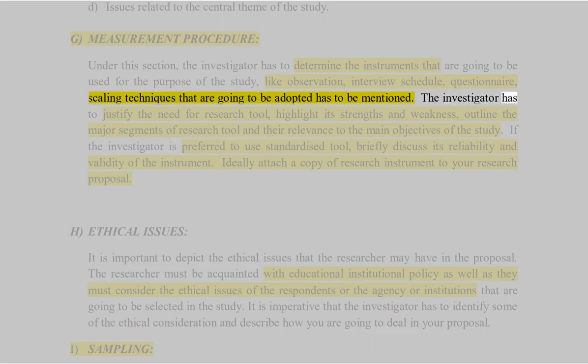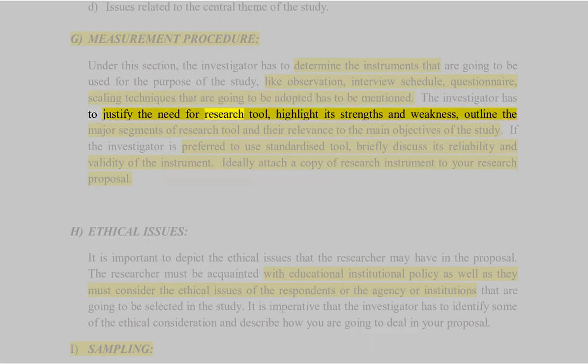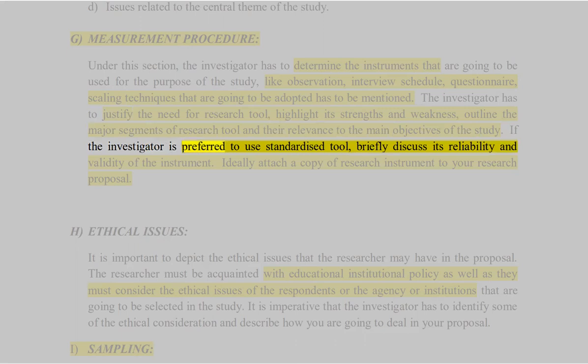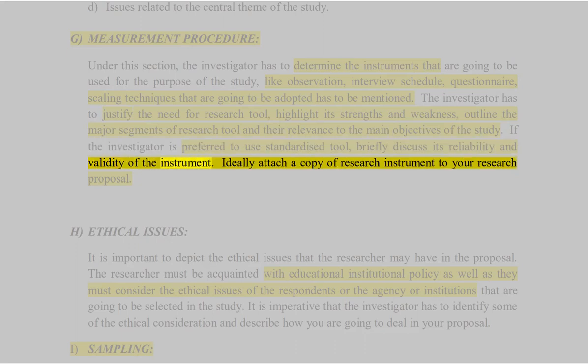The investigator has to justify the need for the research tool, highlight its strengths and weaknesses, outline the major segments of the research tool and their relevance to the main objectives of the study. If the investigator prefers to use a standardized tool, briefly discuss the reliability and validity of the instrument. Ideally, attach a copy of the research instrument to your research proposal.